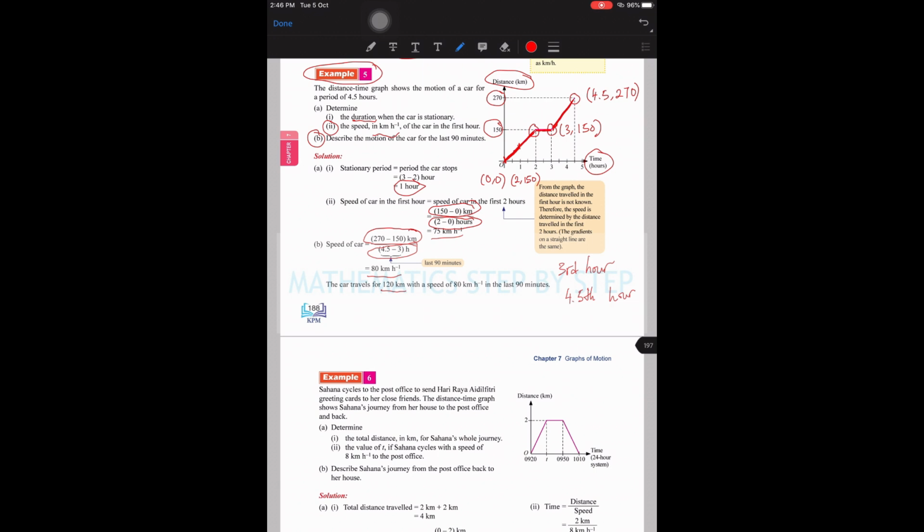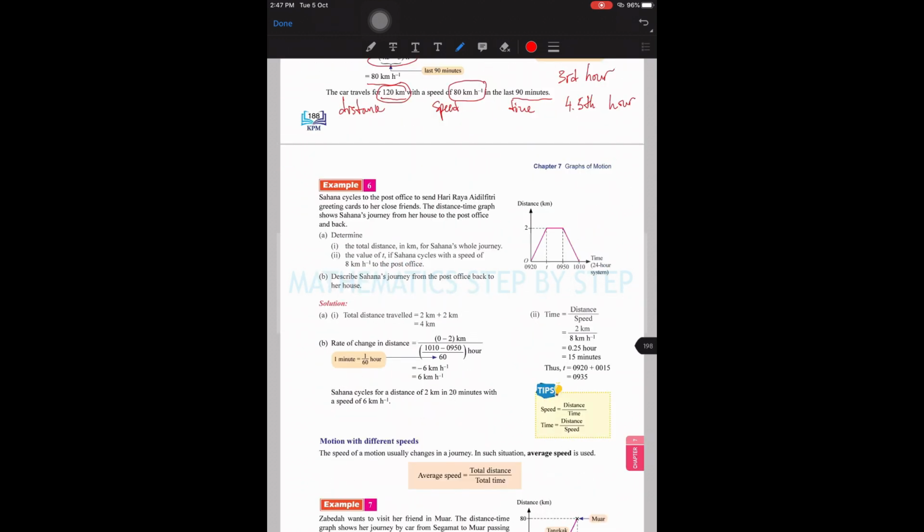So in total, the car travels for 120 km with a speed of 80 km per hour in the last 90 minutes, okay? So whenever we are asked to describe the motion, there are 3 things that we need to involve: first is the distance traveled, second is the speed, and third is the time taken, okay?